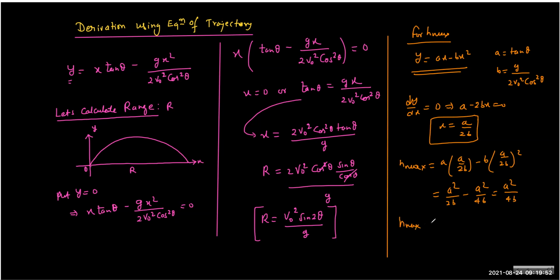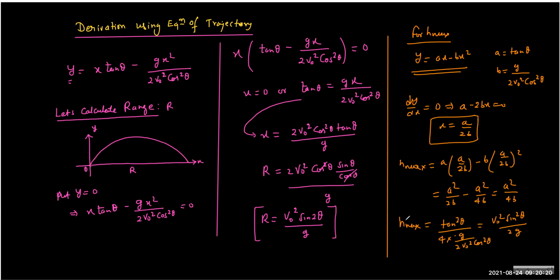H max is a square, which is tan square theta, by 4b, that is 4g upon 2 v naught square cos square. And this will give you v naught square sin square theta by 2. That's the answer.